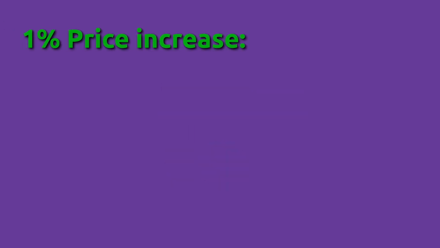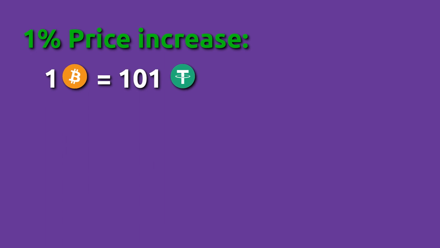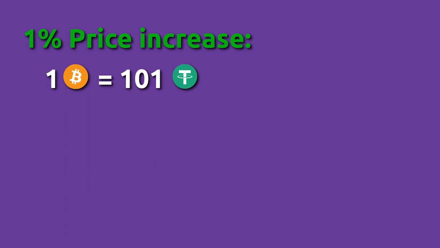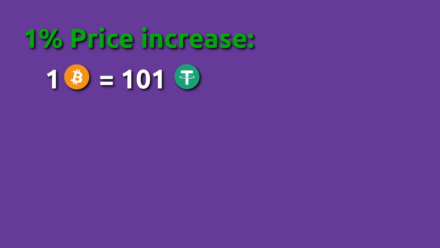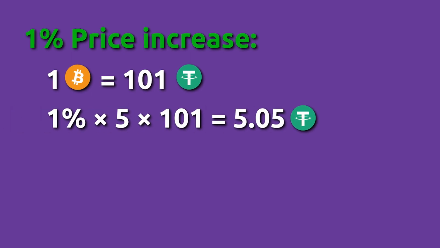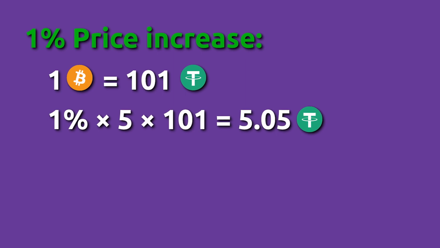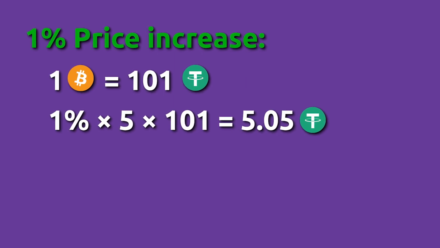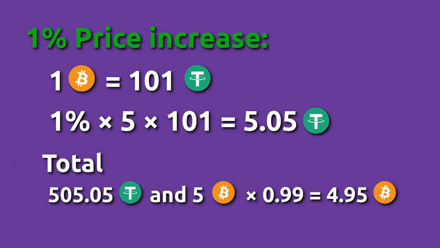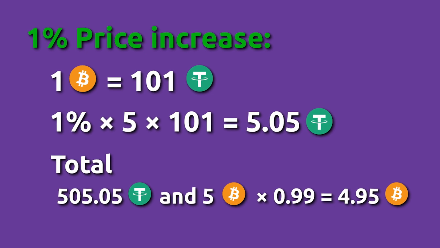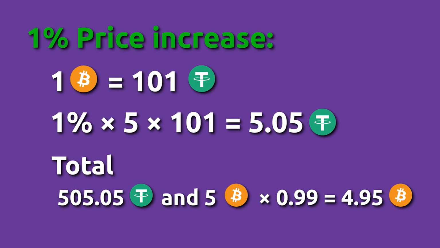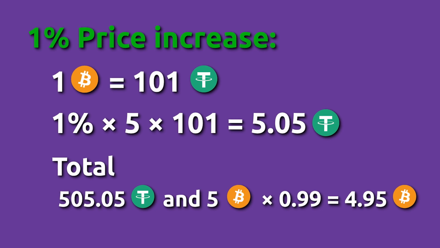Now, say the BTC price goes up by 1%. BTC is now worth 101 USDT and the bot sells 1% of your BTC holding. That's 1% times 5 times 101. That's equal to 5.05 USDT. So now we have in total 505.05 USDT and 5 BTC times 0.99.